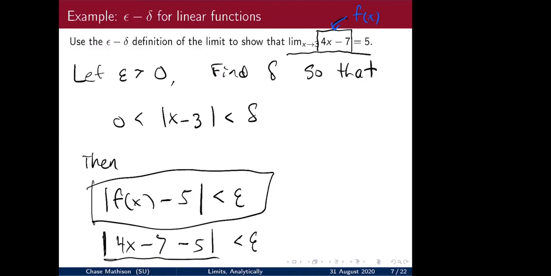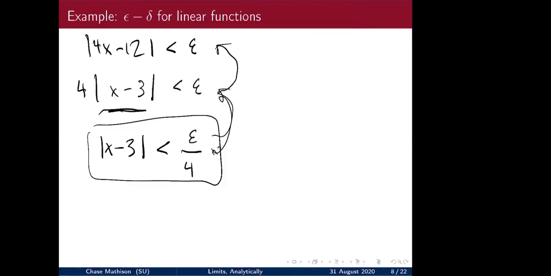So, even though I worked backwards, now that I have that the absolute value of x minus 3 is less than epsilon over 4, I can go backwards from my backwards work and say that if absolute value of x minus 3 is less than delta, where I'm taking delta to be epsilon over 4. Delta equals epsilon over 4.